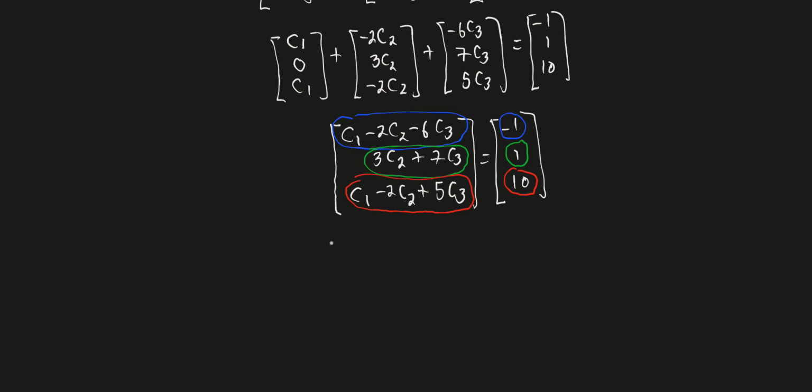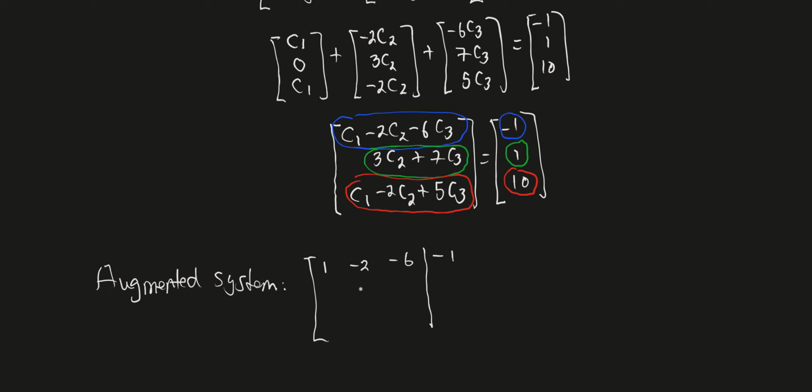So what I'm going to do is to convert this to the augmented form, right? So let's do the augmented system. And then that means now just looking at the coefficients here and including my constants on the right, then our augmented form is 1, -2, -6, -1. And then I have my 0, 3, 7, 1.